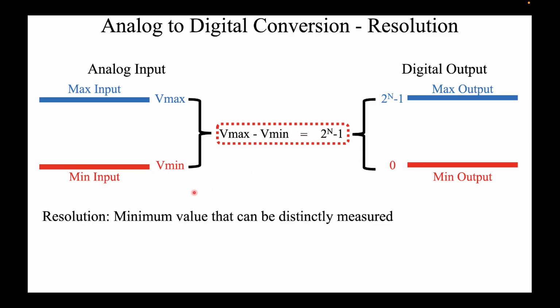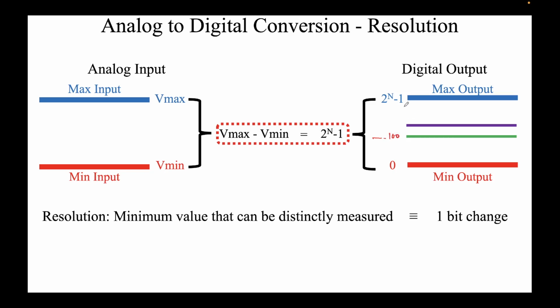Now here it's important to define what we mean by resolution. The resolution is the minimum value that can be distinctly measured. This is the definition of resolution that we see in microscopy and in fact in any other field. As far as digital signals are concerned, that means the difference of 1 bit. So let's say we have some MSBs, and the final three digits are 100.